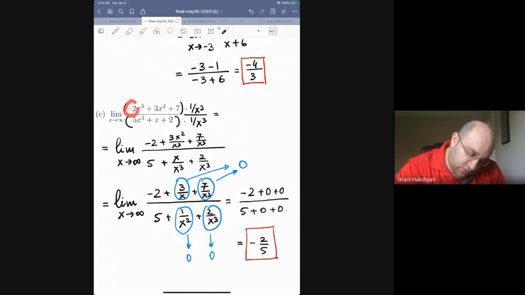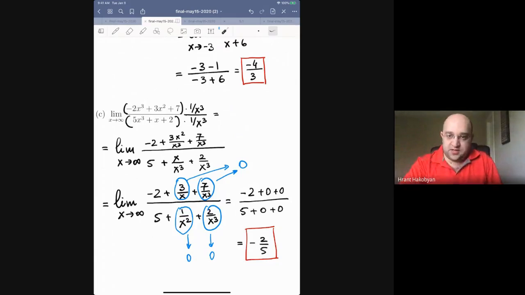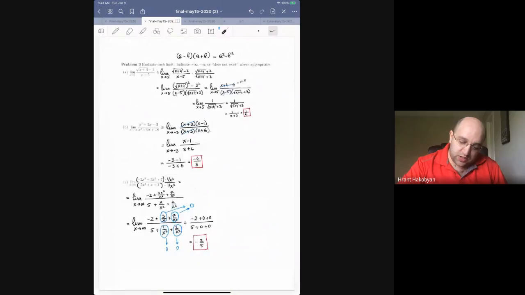If you write the answer immediately, you'll get some points, but if you don't have a complete solution, then some points will be deducted. Okay, so let's go to the next problem.